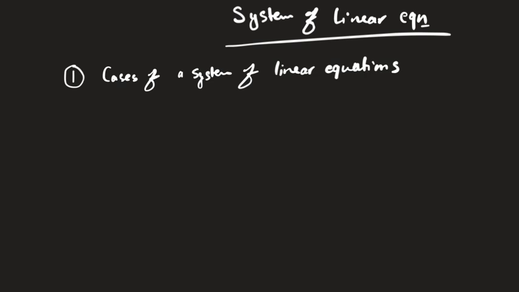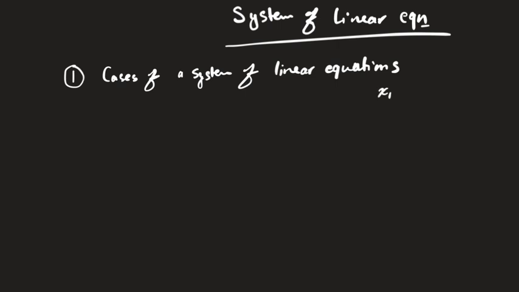Let's first look. A system of linear equations can be written in the very classical high school approach, as equation number one, which, for example, say we have n variables, call them x1, x2, up to xn.